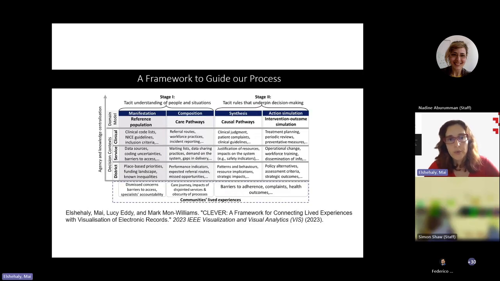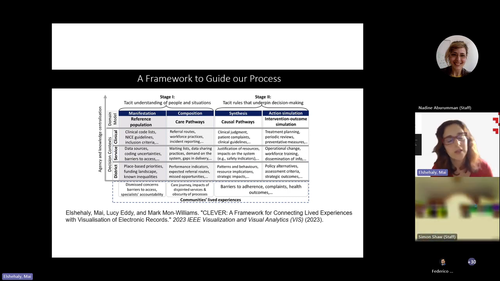And we also proposed a theoretical framework, a preliminary one anyway, in our CLEVER paper last year at VIS. So again, CLEVER is a framework for connecting lived experiences with visualization of electronic records.